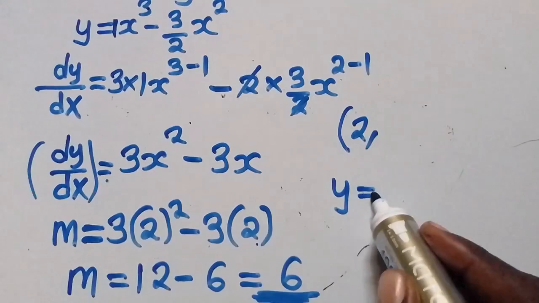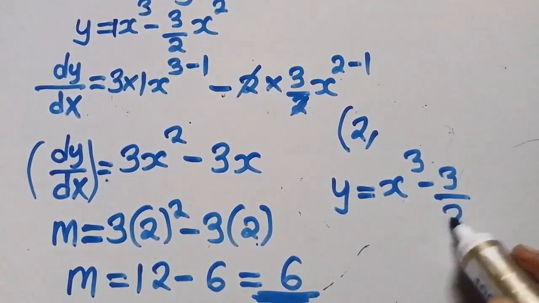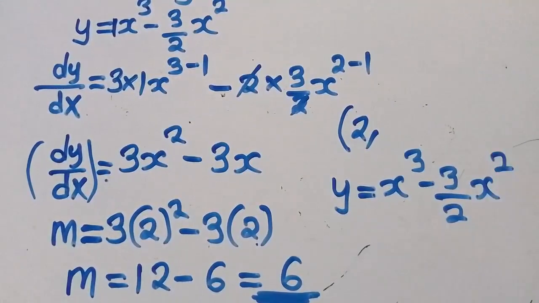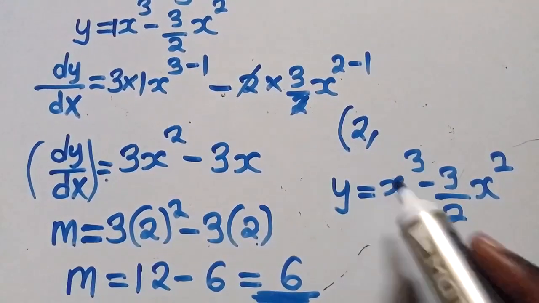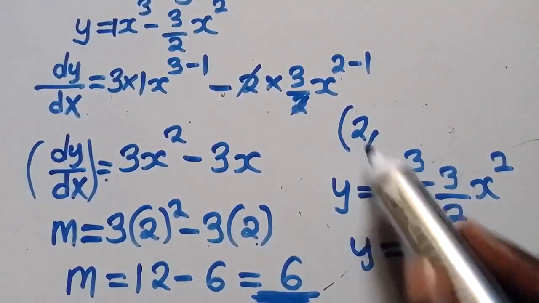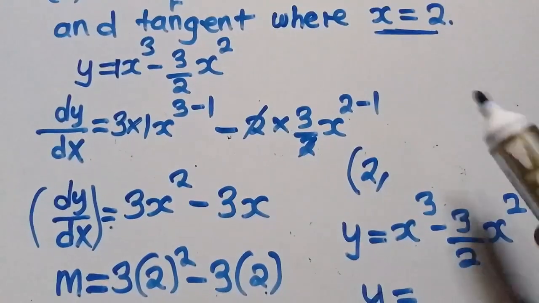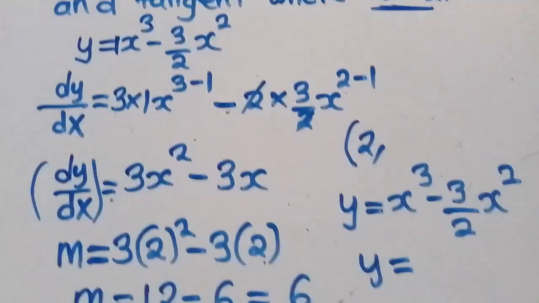The original equation is y is equal to x cubed minus 3 over 2 x squared. So we find the value of y. Y is equal to x, where there is x, you put 2 here, which was given in the question. So in the question we were given that x is 2, so we put 2 there.